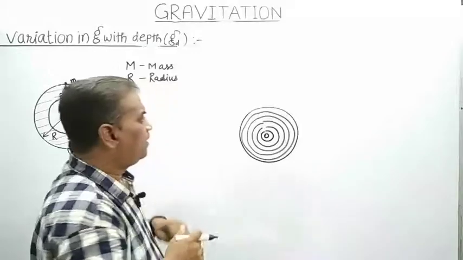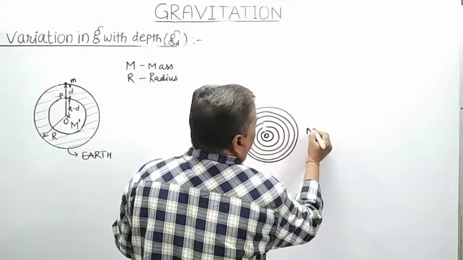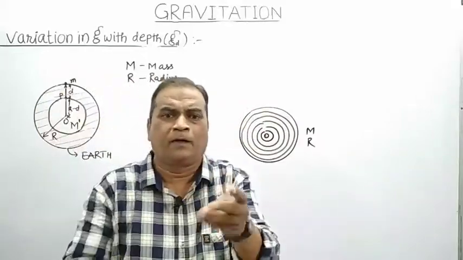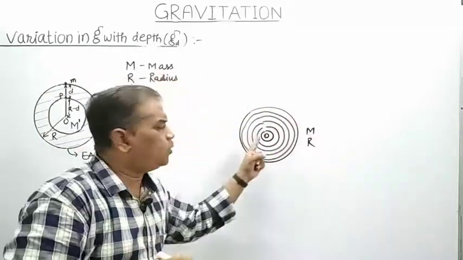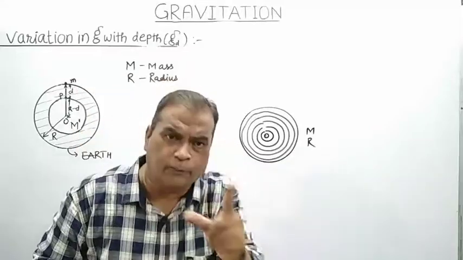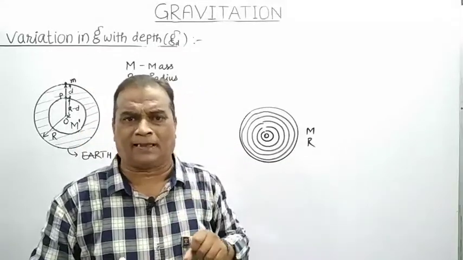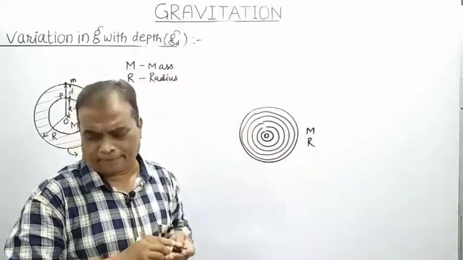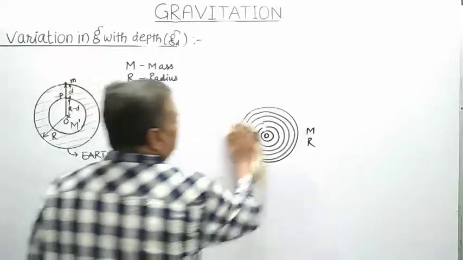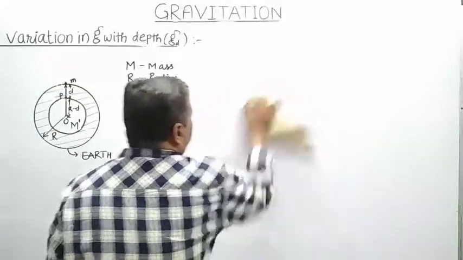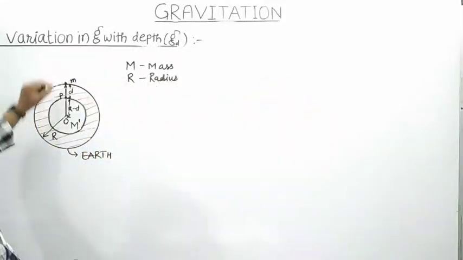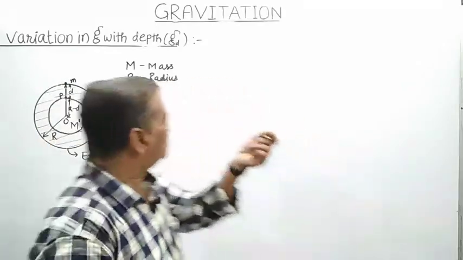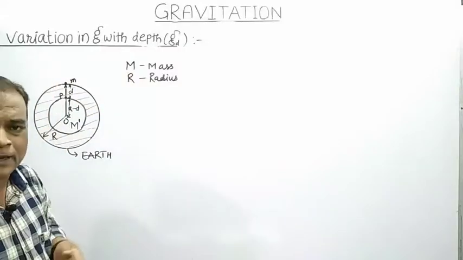So what I am saying is that earth of mass M, which is spherical in shape, is supposed to be made up of a large number of concentric uniform spherical shells. So when I say that there is some object of mass small m, as compared to the mass of earth, the mass of object is negligible.